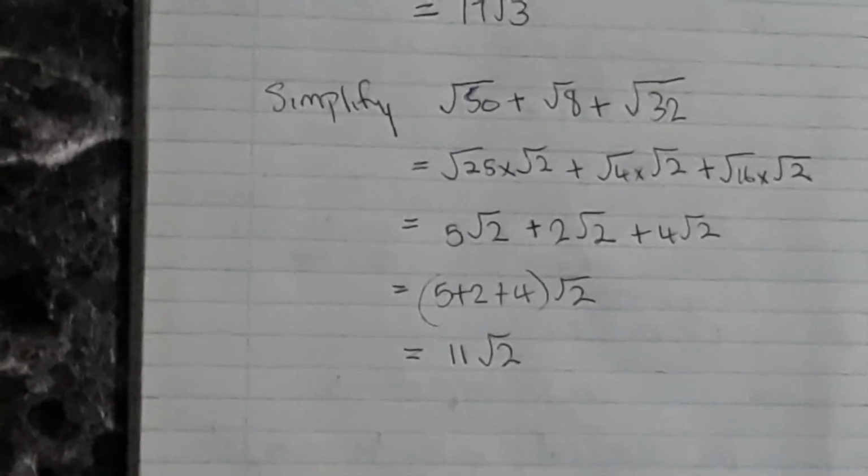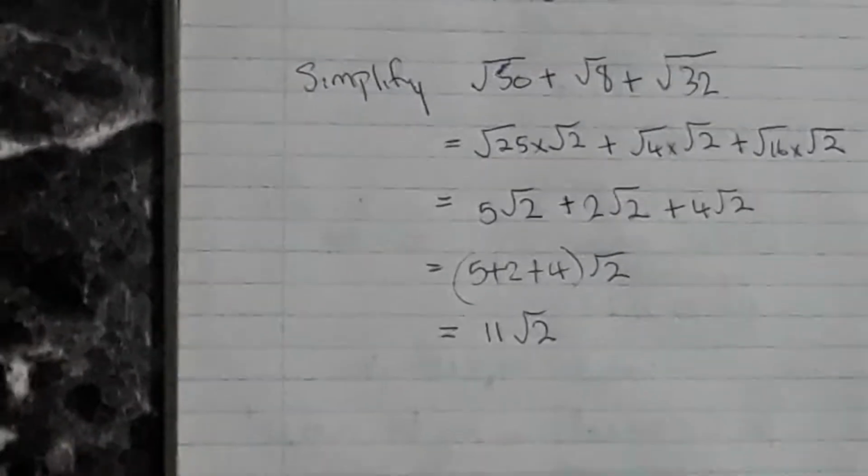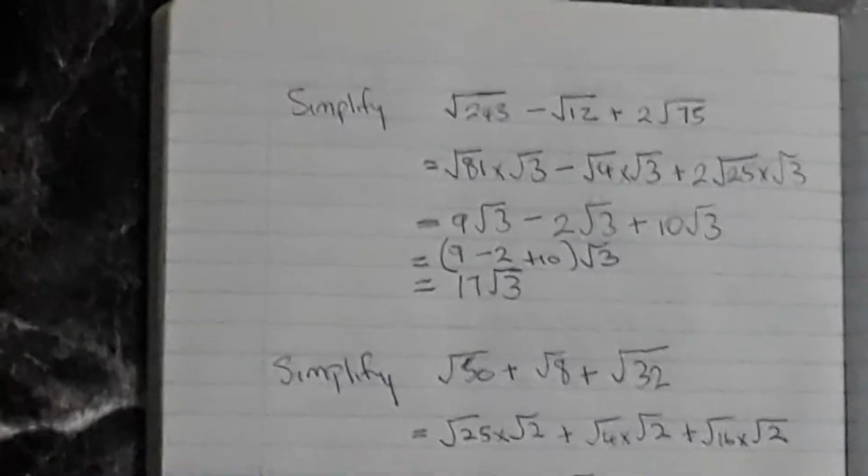to what we call the rationalization of the denominator for surds that cannot be solved using this method. So first thing I'm going to show you is one of the rule when you're rationalizing the denominator.